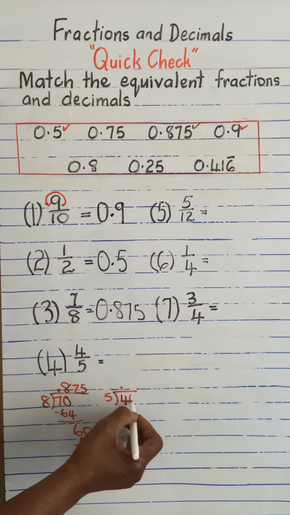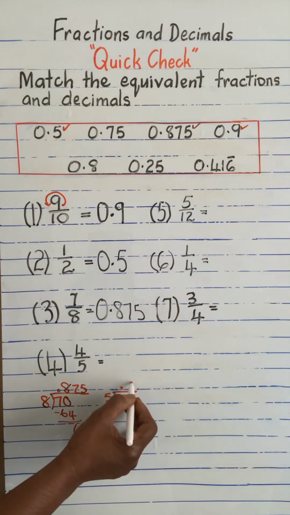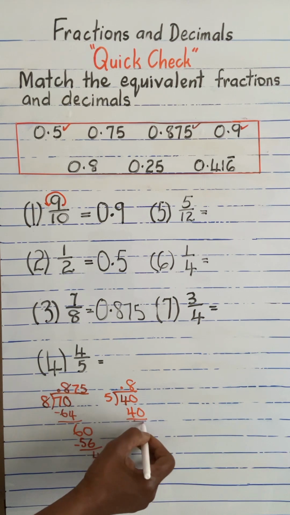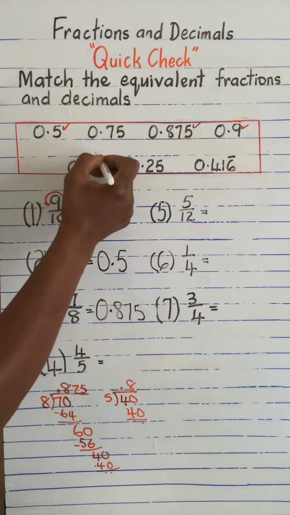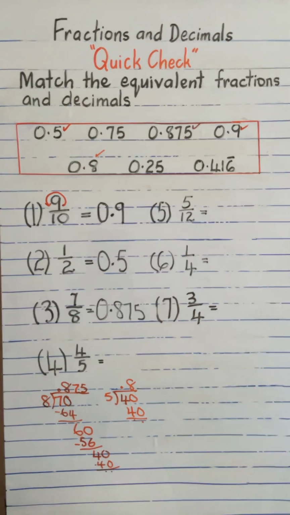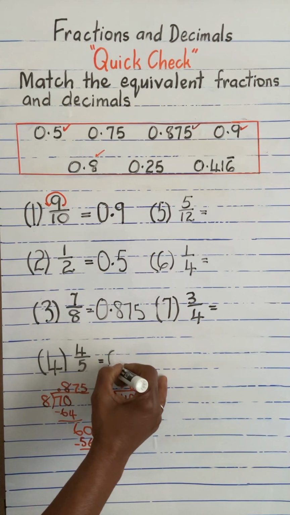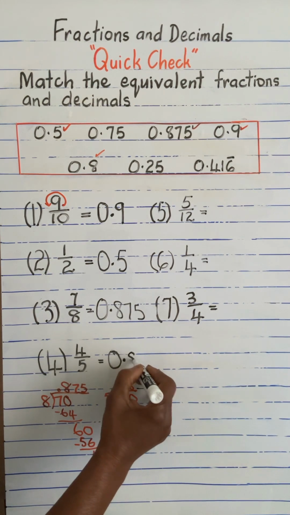Put a point and a 0. How many times can 5 go into 40? That's 8 times. Multiply and then subtract. So 4/5 is equal to 0.8. And this is right here, 0.8.